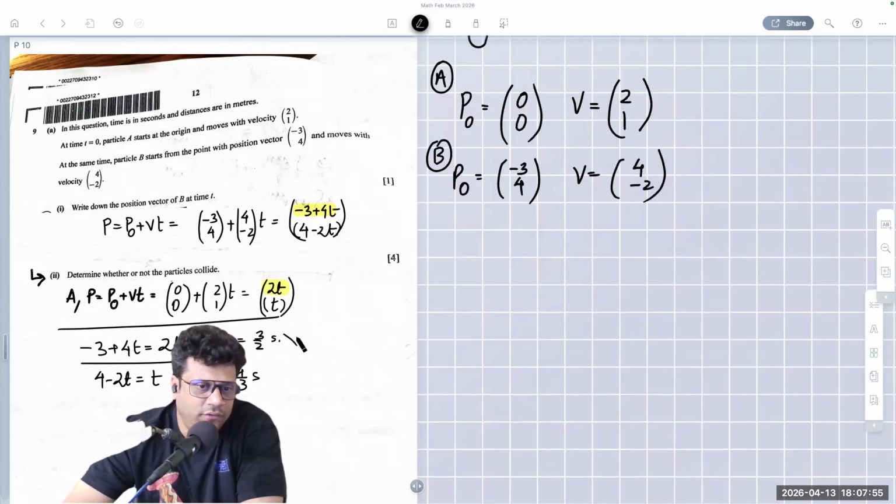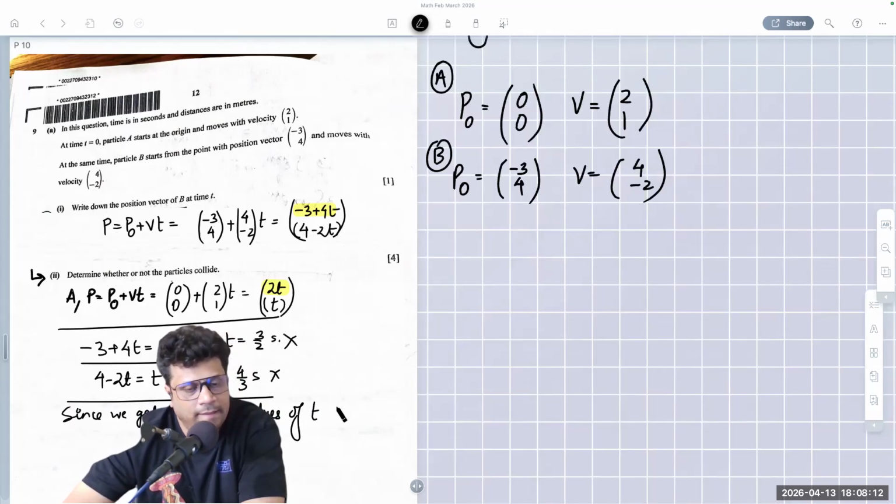Well, you cannot have two time values, since we get different values of t when the positions of A and B are equated.